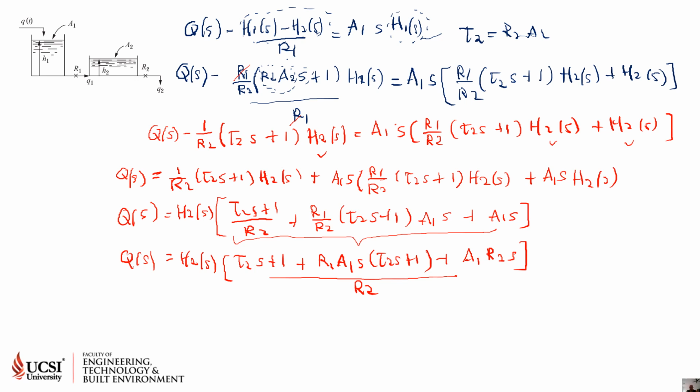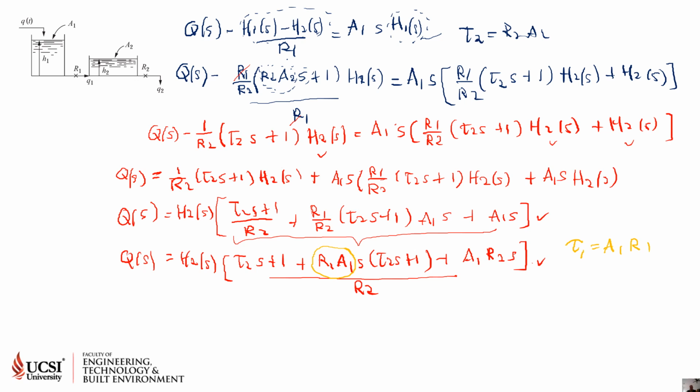So if you check, this one will tally with this one, this one will tally with this one, the terms, right? So everything is tally with this term, and same with the last term here, A1s. Once you reach here, we have this R1 A1, so I can define this as tau 1, which is A1 R1. So I can reduce the alphabets here by putting it as a tau, because it's the coefficient of s here.